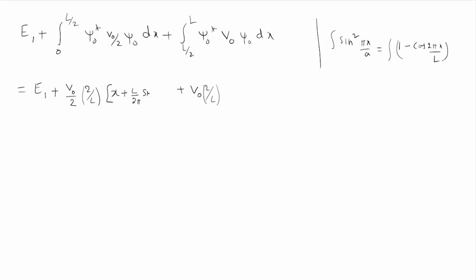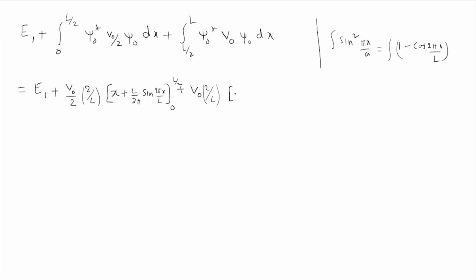And then there is a 1 by 2. Sine 2 pi x over L. This goes from 0 to L over 2.